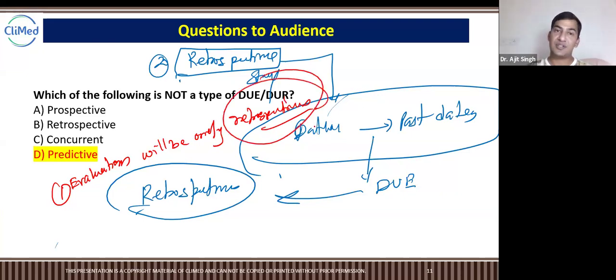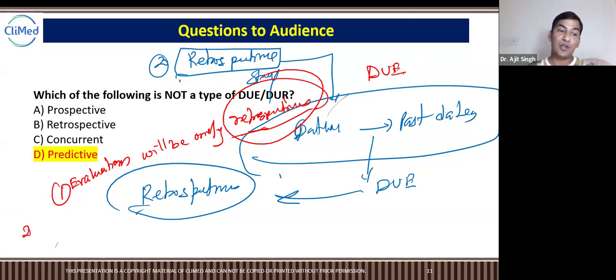So there is room only for retrospective data review, retrospective DUE. Prospective cannot be done here. First thing, retrospective studies can only be done by retrospective utilization review or evaluation.